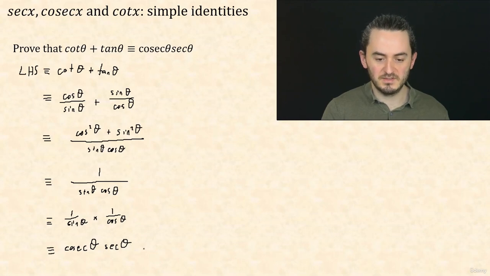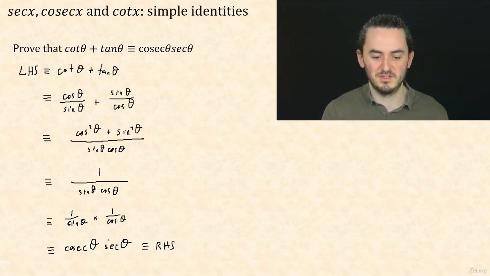And once you've got that, you can say, and that is the right hand side. So I very smoothly worked my way down, saying the left hand side is this, which is this, which is the right hand side. And there's my proof. I have proved the statement now.